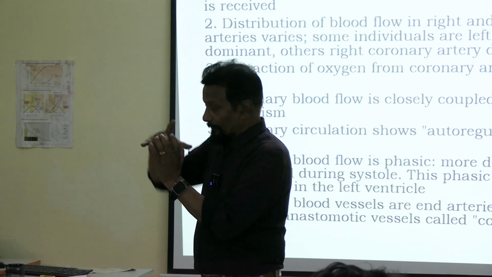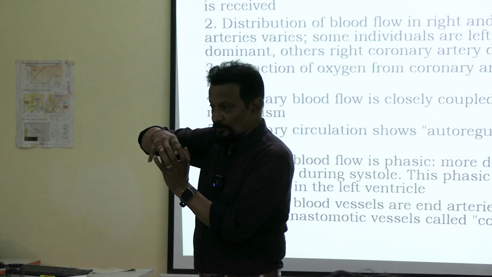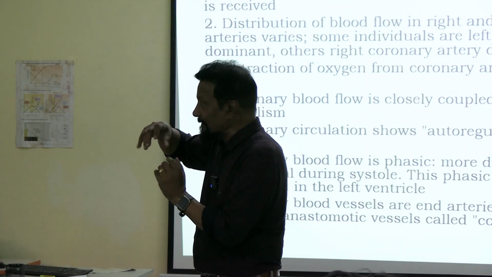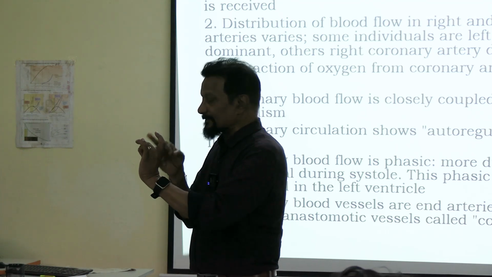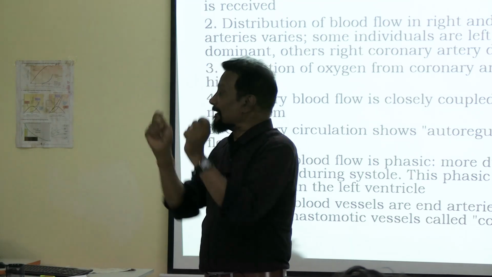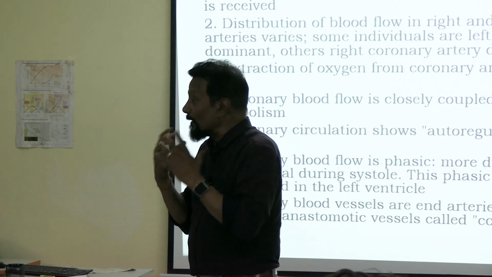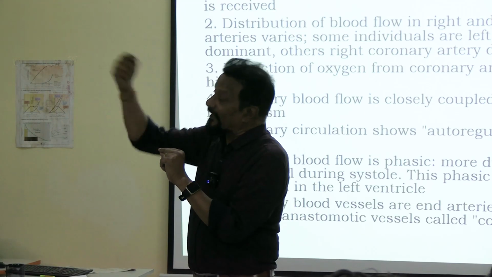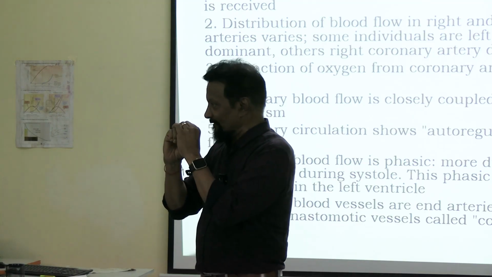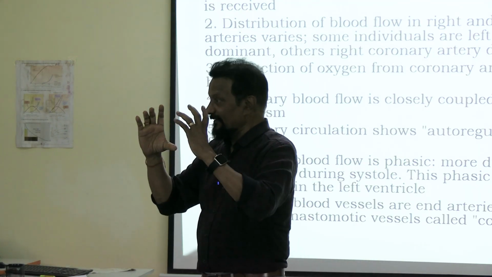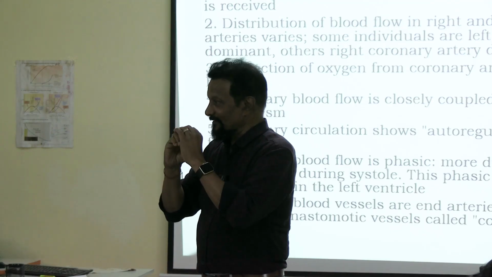Again, if blood pressure is increased, the blood vessels will be dilated. Dilatation of blood vessels means stretching of the smooth muscles. And when the smooth muscles are too much stretched, they will reflexly cause vasoconstriction. Overstretching, vasoconstriction.